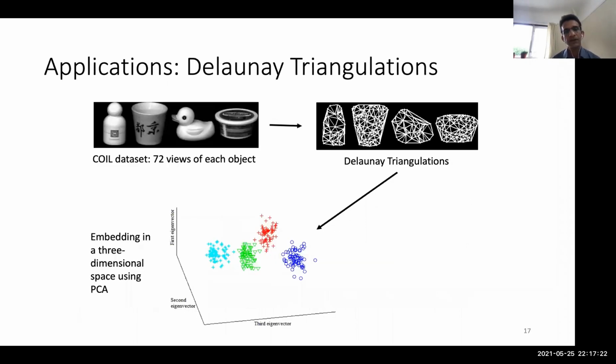One of the applications, as I said, is that the Ihara coefficients are very useful in characterizing cyclic graphs. So we have shown how these coefficients can be used to cluster different views of an image. Here we have 4 different images, and each image has 72 different views. So we have 72 times 4 different graphs, and we try to cluster them using the Ihara coefficients.